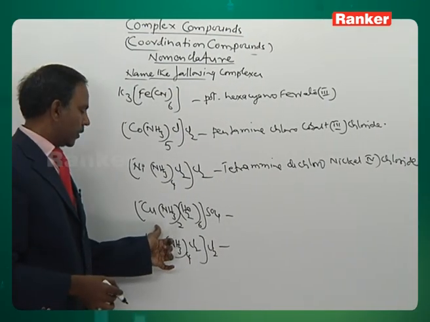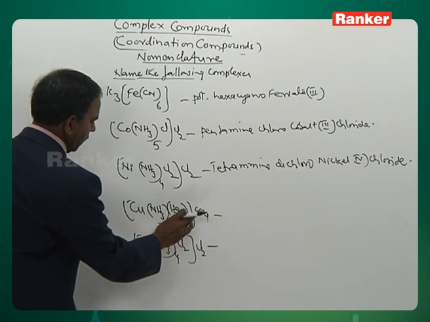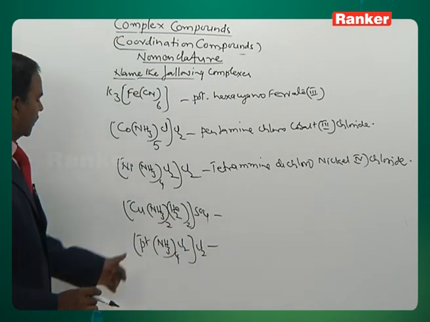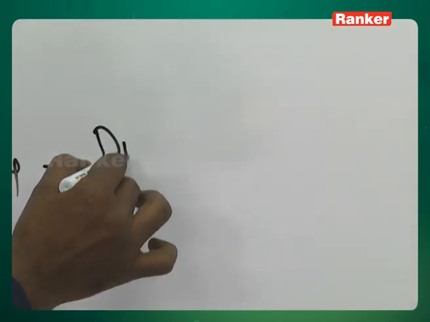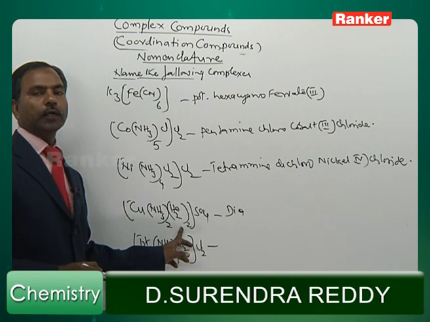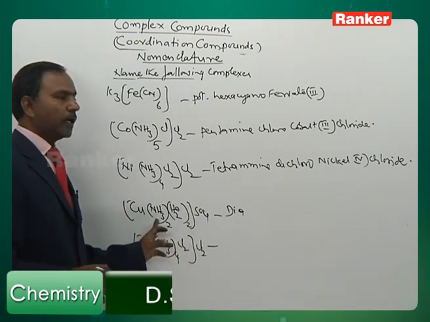Come to this copper complex. Here the ammine should be taken twice, and H2O should be taken twice only, not six. Diammine. See here, ammine ligand and aqua ligand both are there. Alphabetical order we have to follow, AM then AQ.